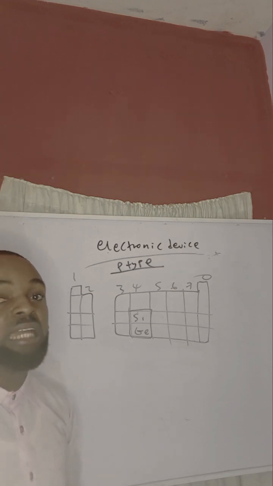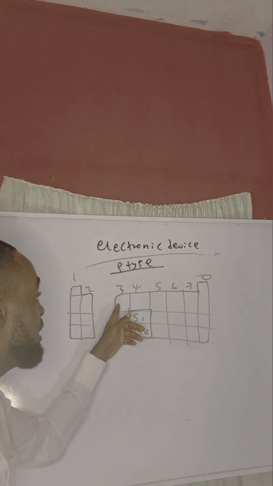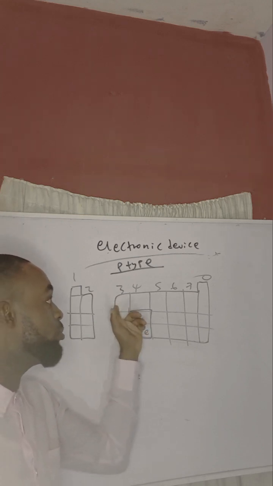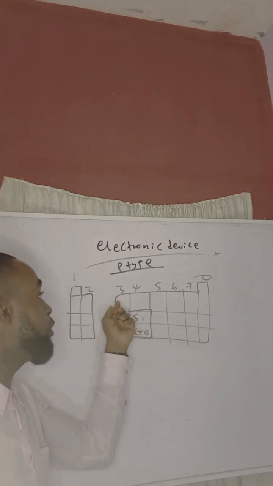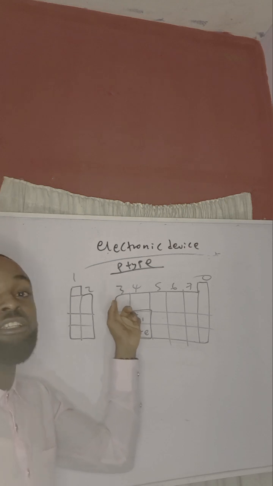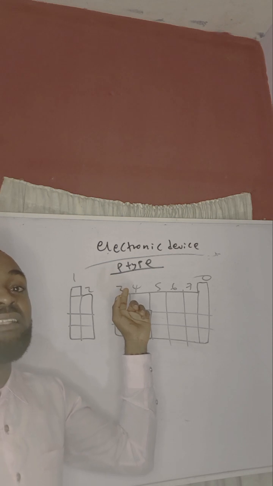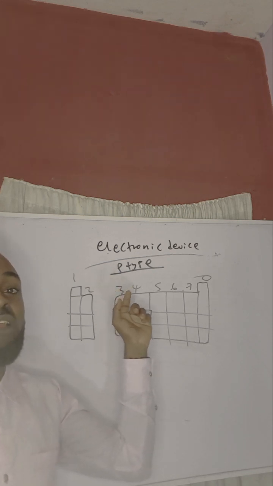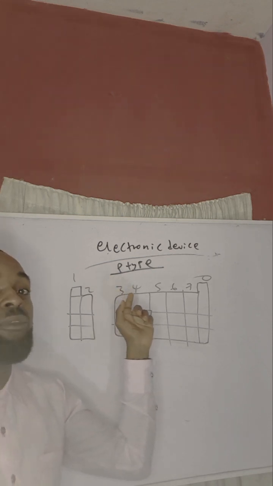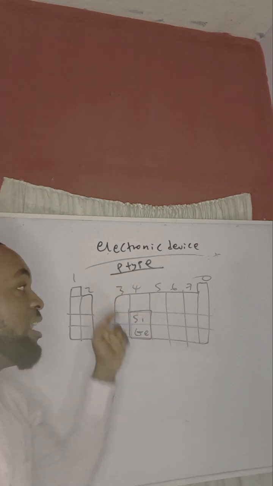These elements in group 3 of the periodic table are called trivalent elements. Exam question: they can be called trivalent elements.